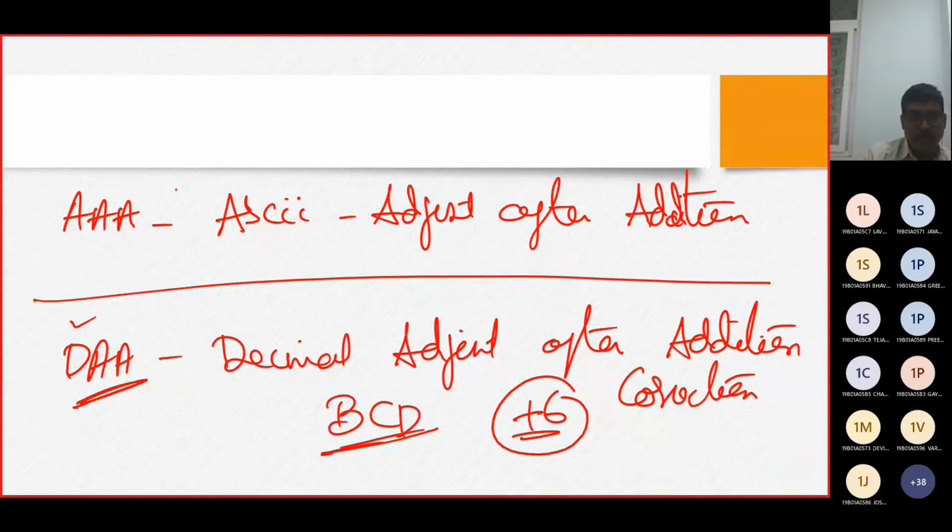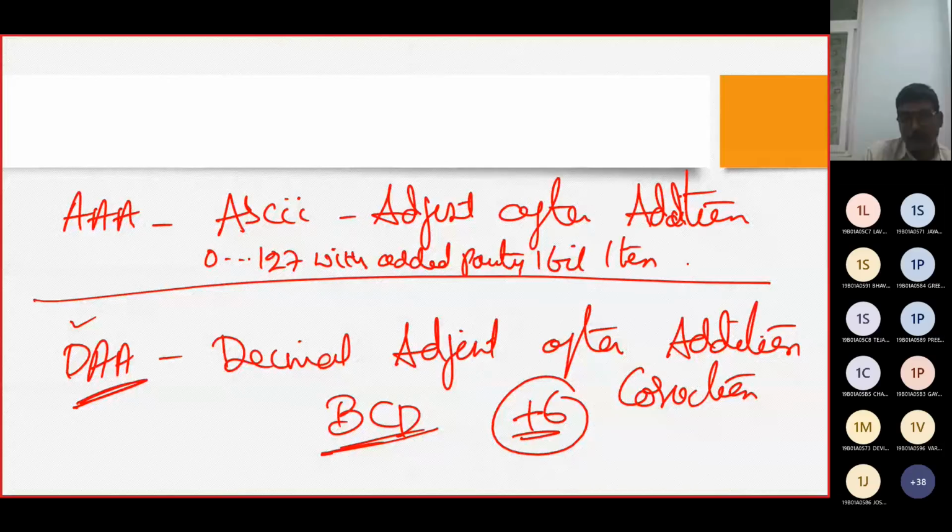How is this ASCII adjust after addition going to happen? ASCII values are 0 to 127, and if they are taken with a parity bit of 1 bit, then ASCII values will be from 0 to 255, a total of 256 characters.